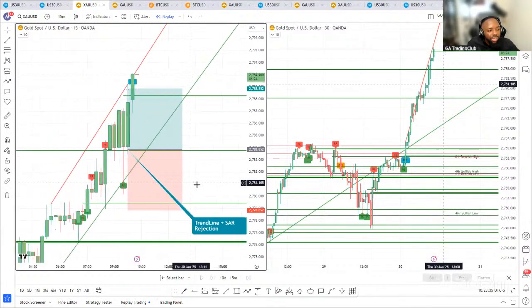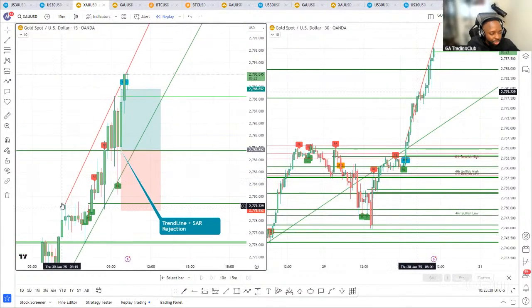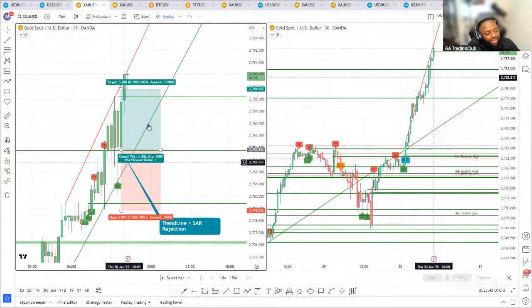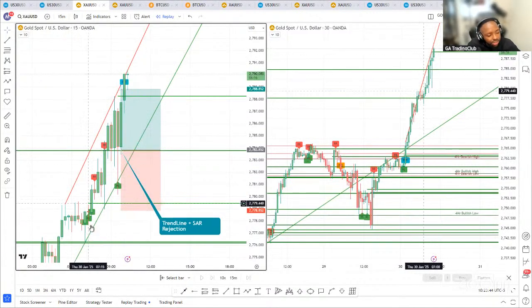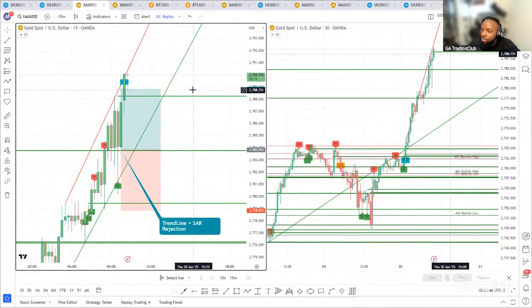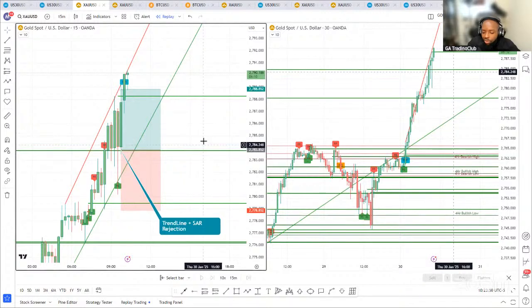And you see this uptrend on gold, both the resistance line and the support line are trending to the upside. So that's another thing you want to be cautious about when taking the trend line and SAR rejection entries. If you're taking a sell and the trend line is edging to the upside, you want to be careful because price is showing you that it is in an uptrend.